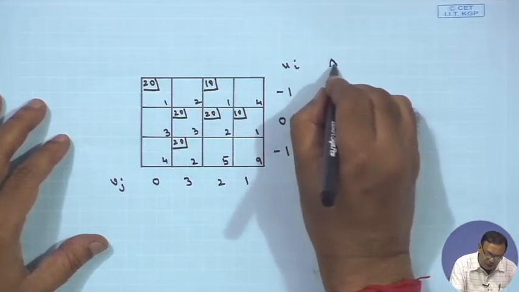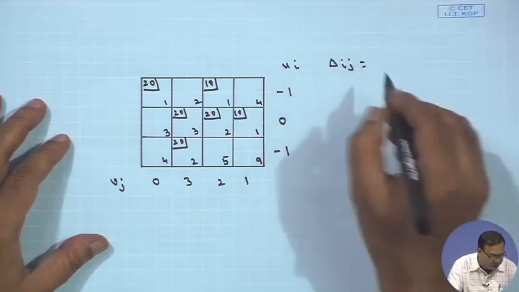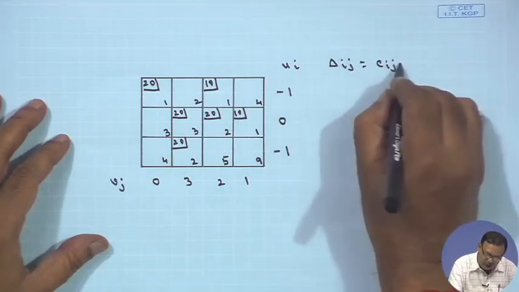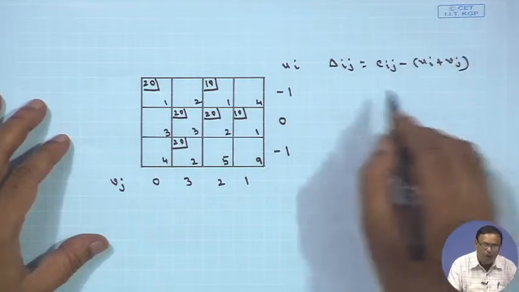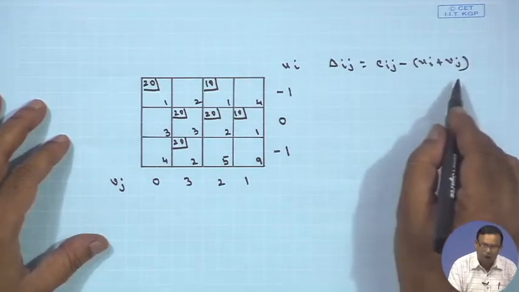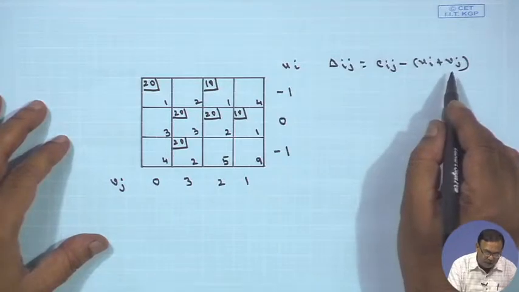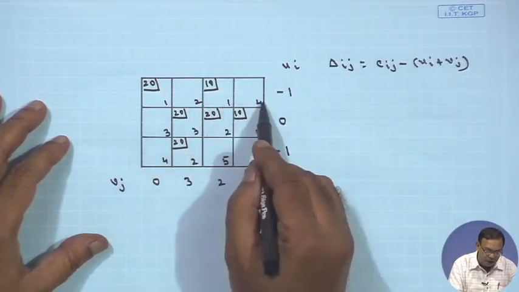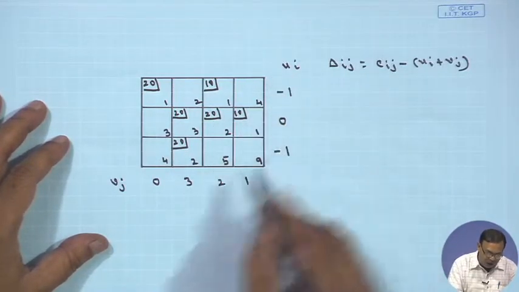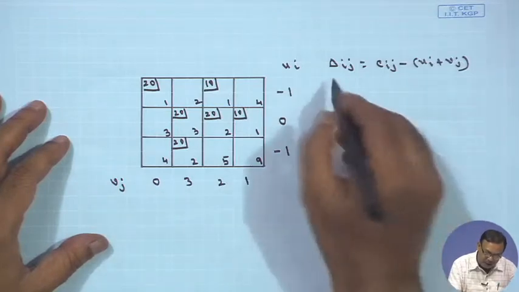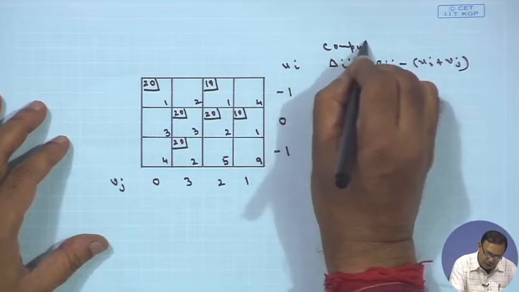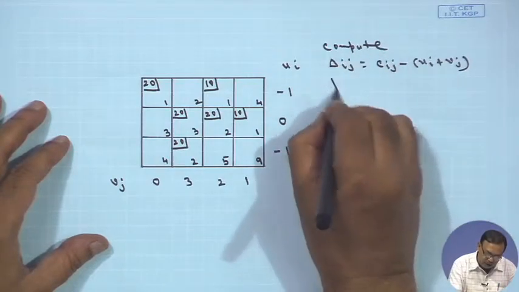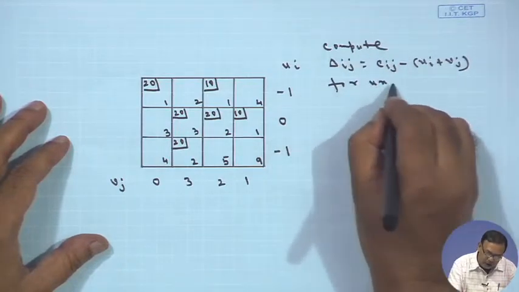Now, compute delta ij equals Cij minus (Ui plus Vj). Cij are these cost coefficients, Ui are these, Vj are these, and you compute this for unoccupied cells.